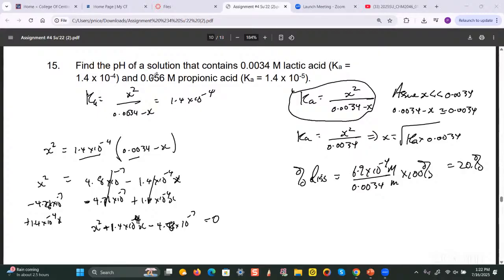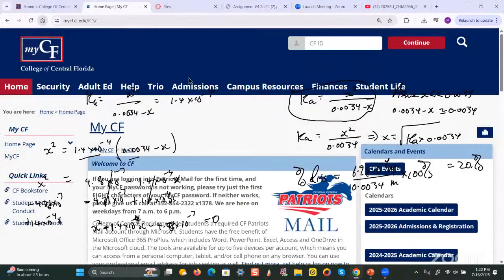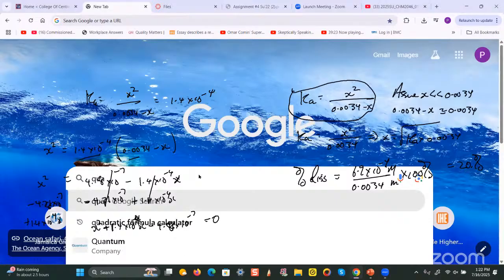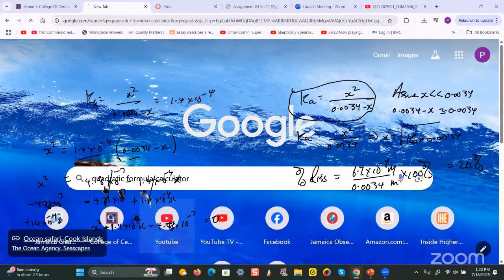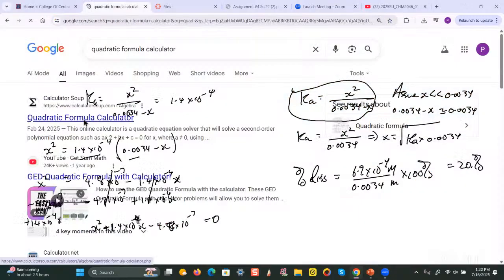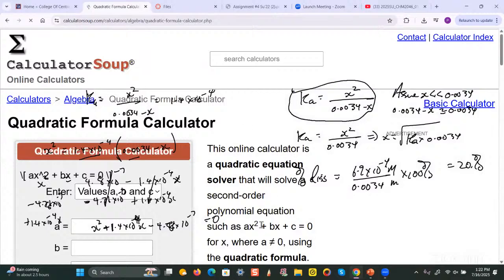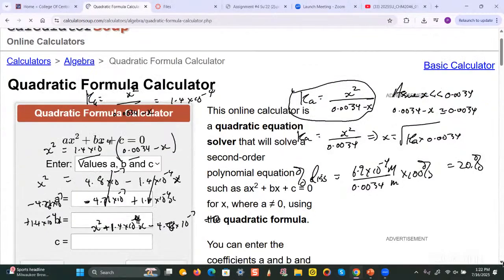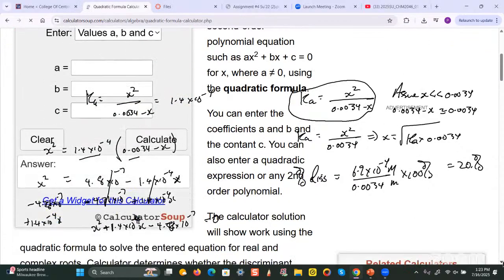Now, what I'm going to do here is use a quadratic formula calculator. Okay, let's see here. So what I'm going to do now is input the A, B, and C values.